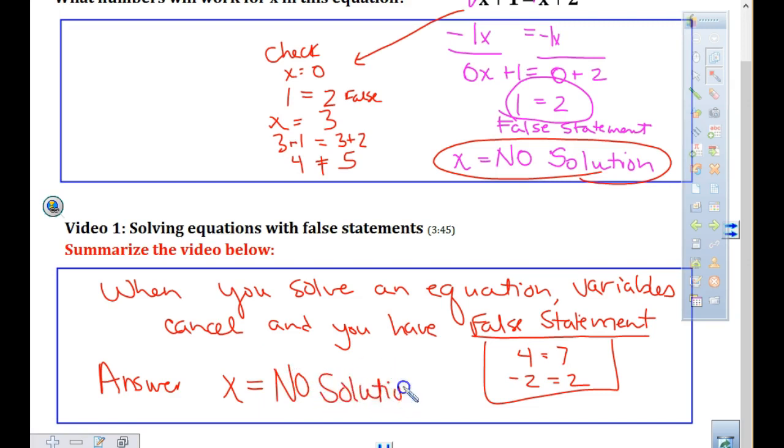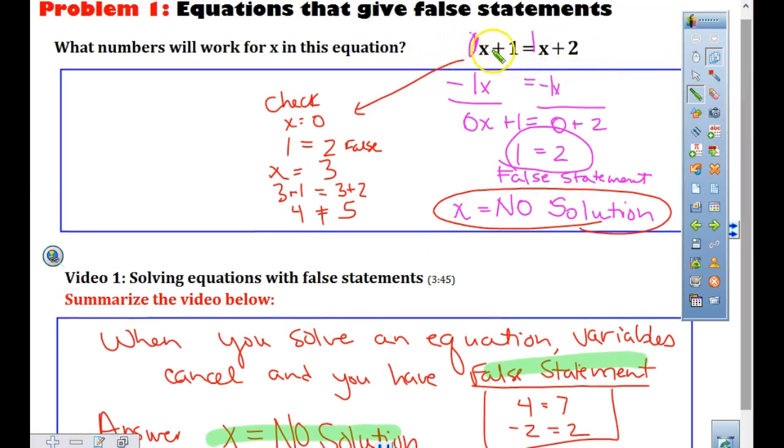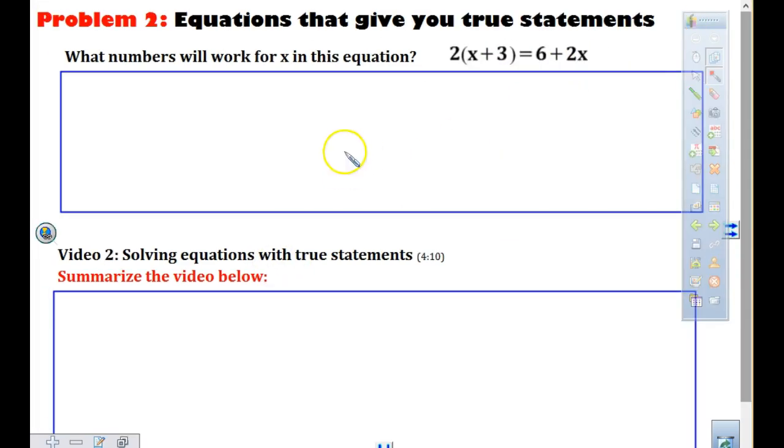There is no number that will be an answer to that. There is no number I can plug back in for the x up here that will ever make 1 equal 2. Never.